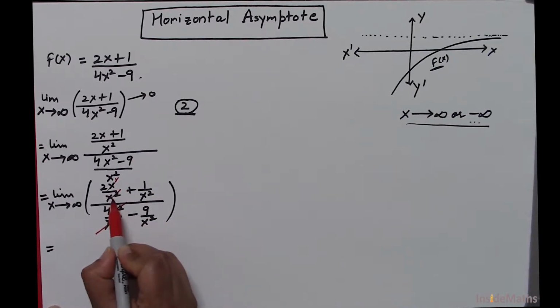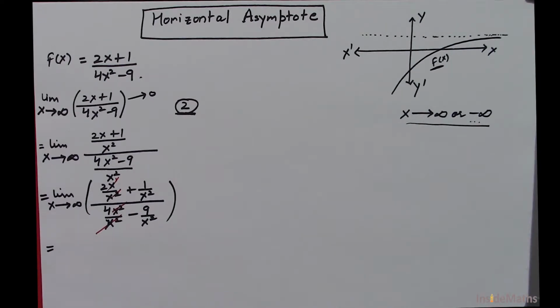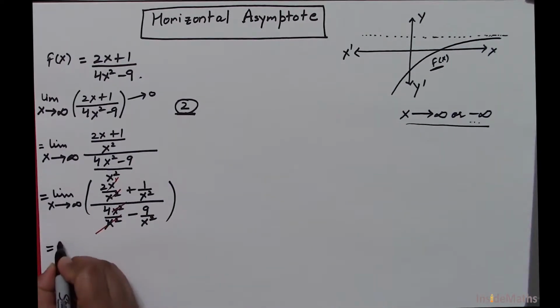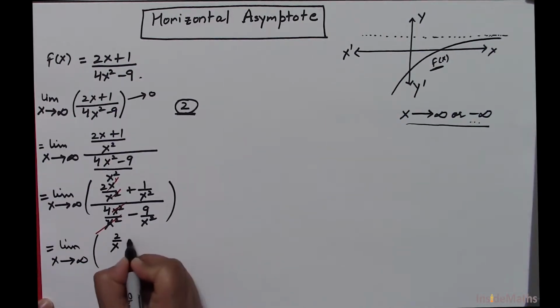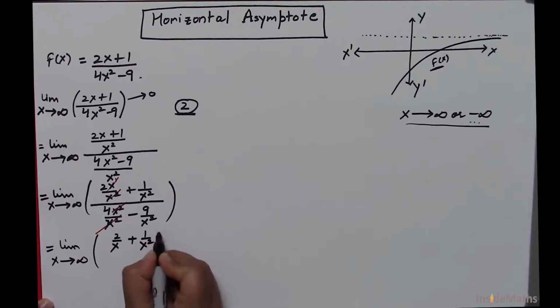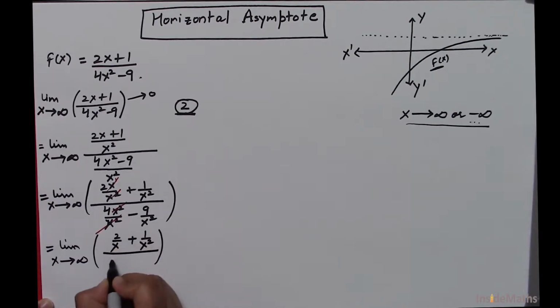So there are two x's, one x is cancelled. So I get limit x approaches infinity, 2 divided by x plus 1 by x square, and in denominator 4 minus 9 over x square.